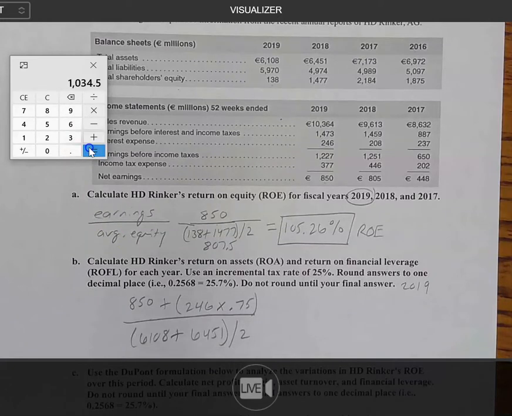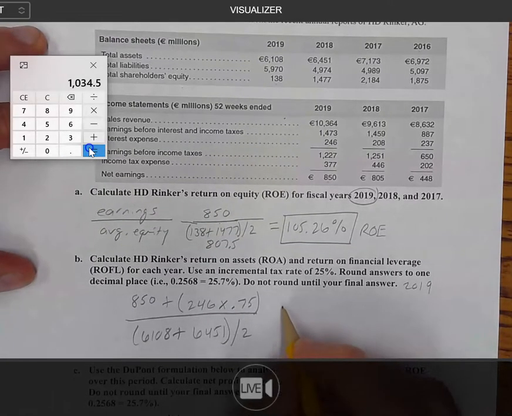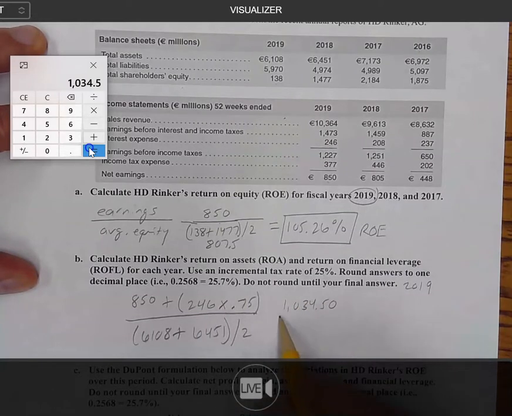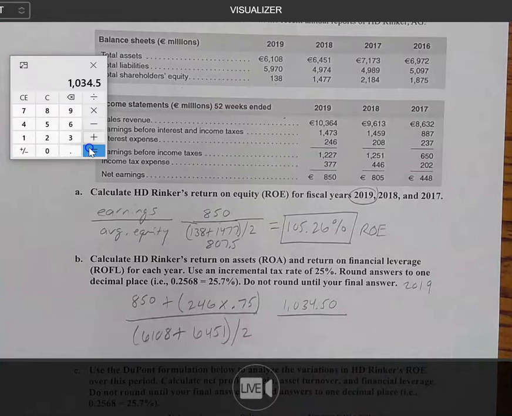Okay, so that's going to give us 1034.50. And then we're going to add both of our assets, 6108 for 2019 plus 6451 for 2018. That is 12,559, and we're going to divide that by 2 to get the average.